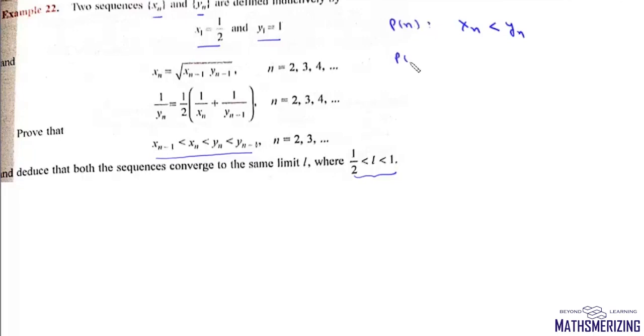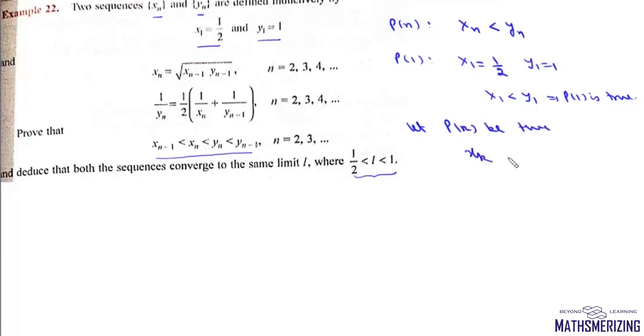Now we'll prove it for n equals 1. For n equals 1, x1 is 1 by 2 and y1 is 1, that is x1 is less than y1, that means P1 is true. Now we'll assume let Pk be true, which simply means xk will be less than yk.